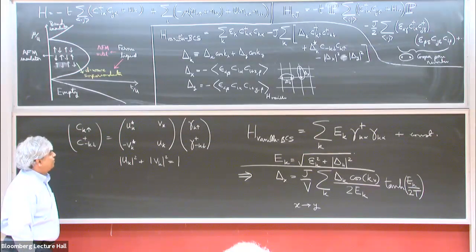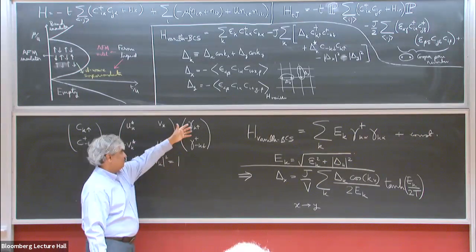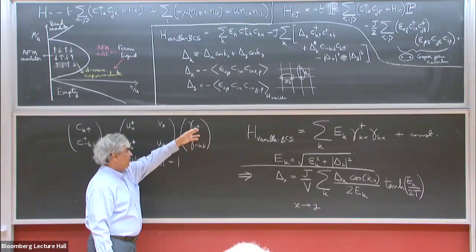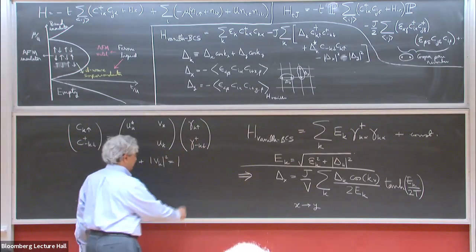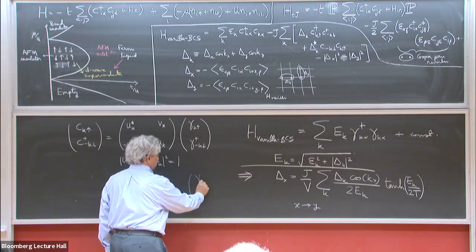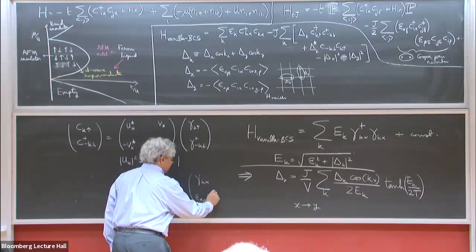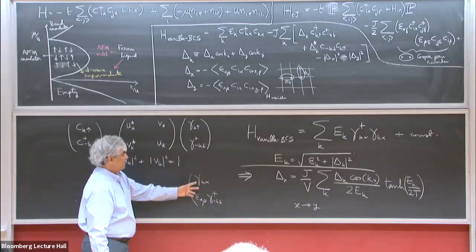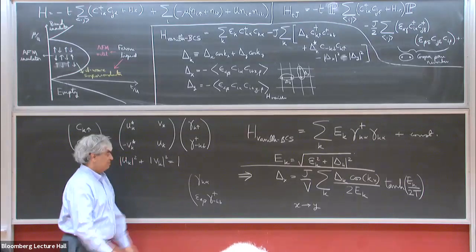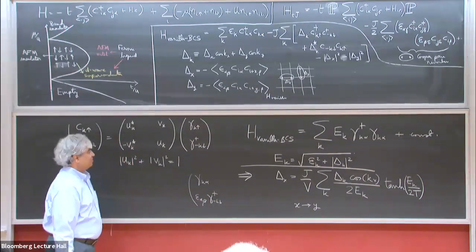Okay, thank you. Yeah, if you know a little bit about spin rotation, you can think of this as very much like a spinor. It's not up and down. If you want to write this in a rotation invariant way, you would write it something like this: gamma k alpha and epsilon alpha beta, gamma dagger minus k beta. Then everything is explicitly spin rotation invariant, because this epsilon alpha beta is an invariant tensor under SU(2).